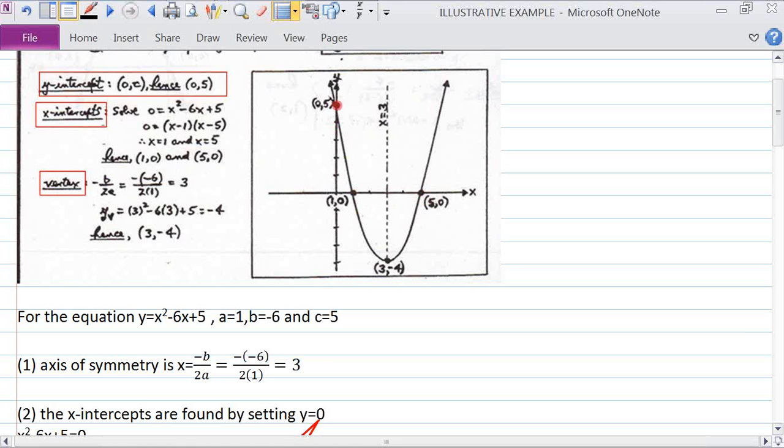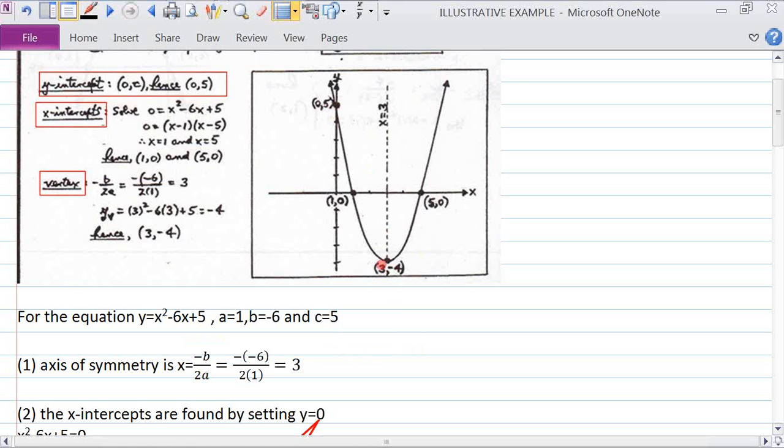We set x equal to 0 because along this line, x is equal to 0. Okay, if we go along this line, x is 0. This line here, x is 0. So when x is 0, we plug it into the equation right here. When x is 0, y comes out to be 5.